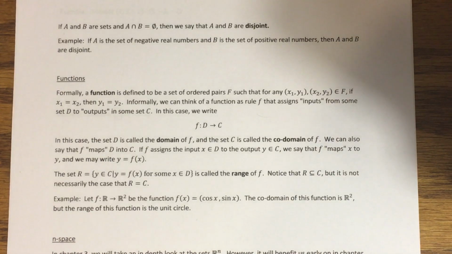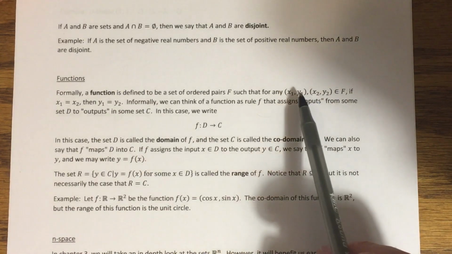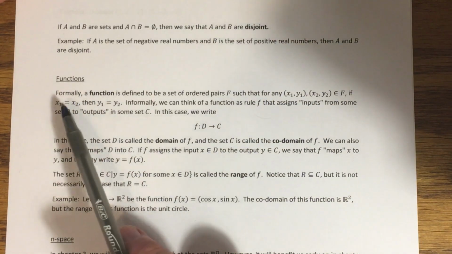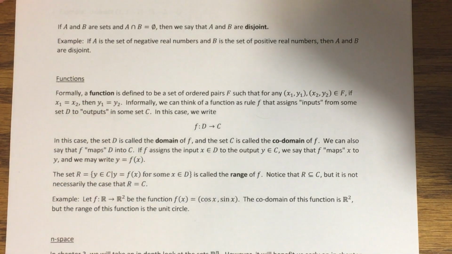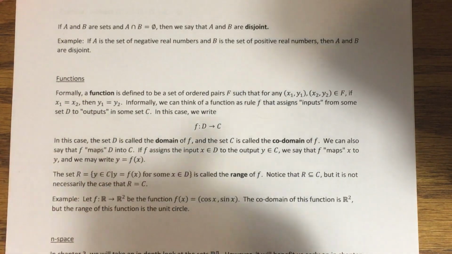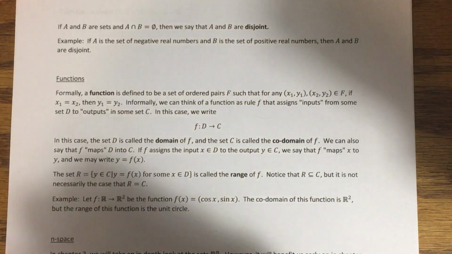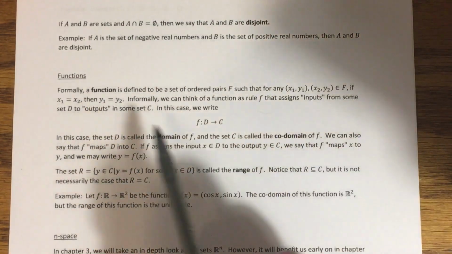Basically, what that property does is it guarantees that if you have the same input, it can't give you two different outputs. That's the defining characteristic of a function, informally speaking. One input should only ever give you one unique output. Okay?